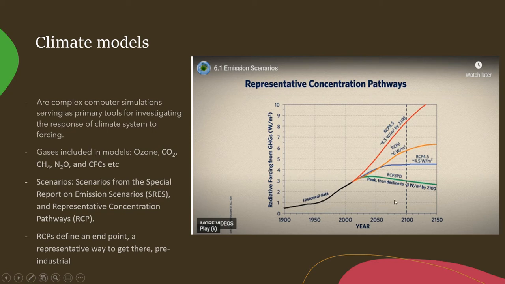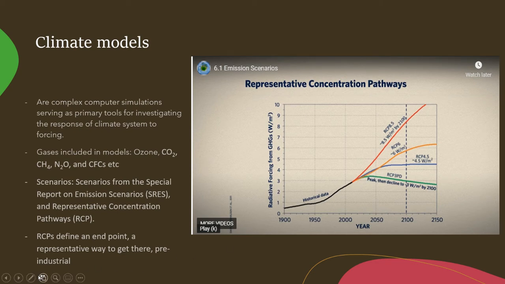In these three scenarios, only the RCP 3, which you can see has a P and D, which means peak and decline. Only this RCP 3 would be the one that will peak at some point, probably in 2040, 2045, I guess.